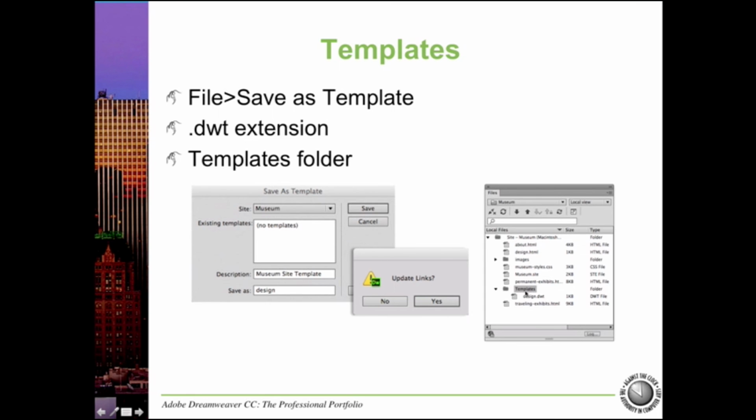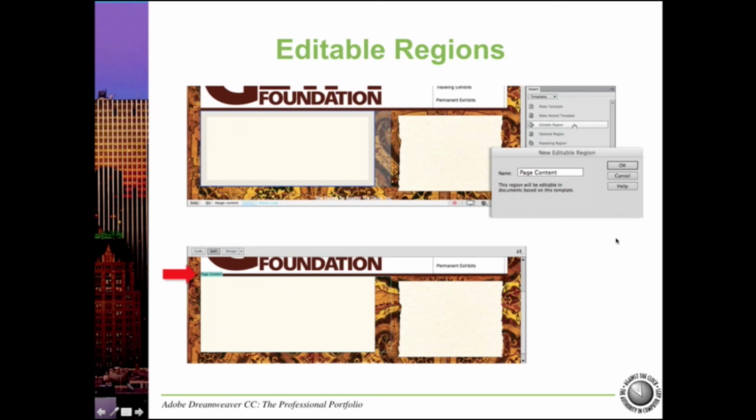When you create a template, you will want to assign some editable regions. If you don't, then all the elements will be locked down and non-editable. So you can assign which elements can be edited and which you want to stay locked.